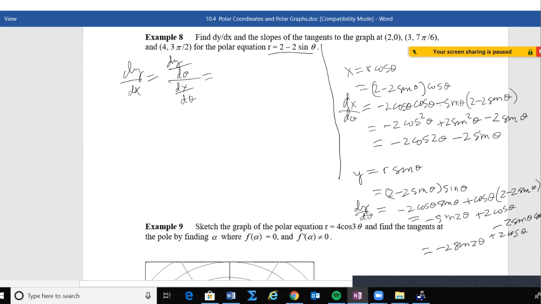Okay, so when we put those together, we'll have minus 2 sine 2 theta plus 2 cosine theta over our dx d theta here, which is minus 2 cosine 2 theta minus 2 sine theta. Okay, so good enough.